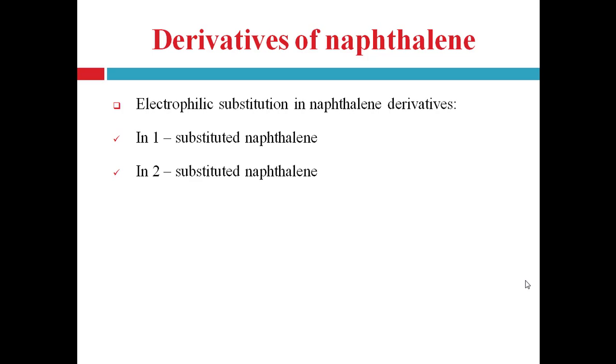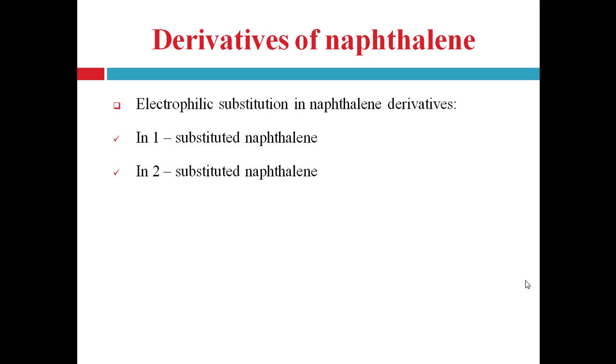Keep in mind that in one substituted naphthalene, if electron releasing group is present, then next substitution or electrophilic substitution occurs in the same ring which is carrying the substituent, right? That is on carbon number 4 or 2nd position, right?